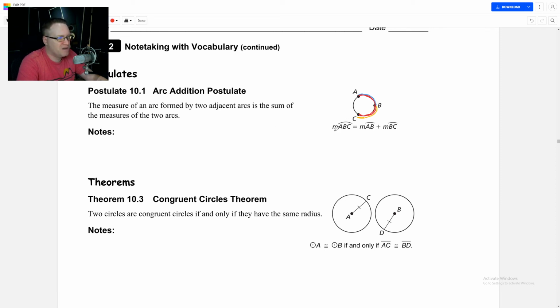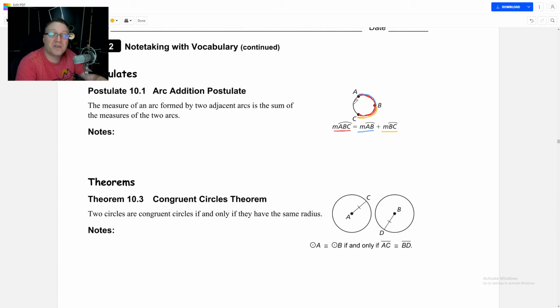It's saying, this is the red line from here to here, measure of A, B, C is equal to the measure of AB, which is the blue one, plus the measure of BC, which is this yellow one. All right. So this equals this plus this.